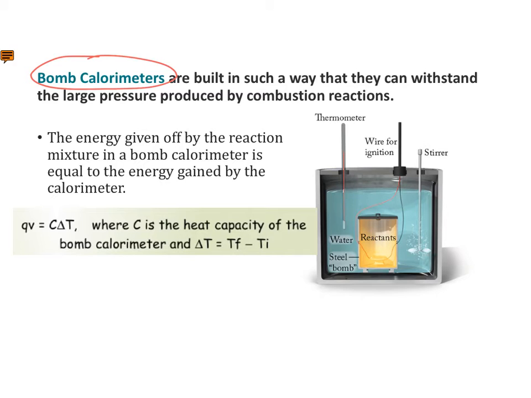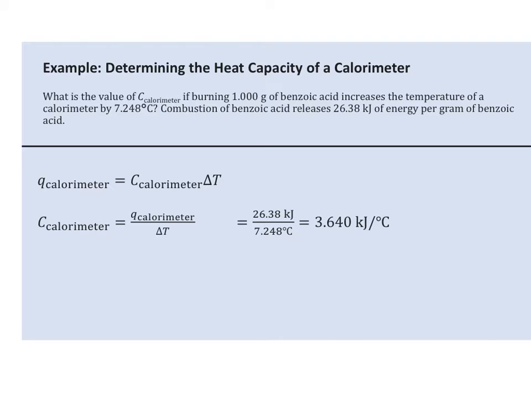So bomb calorimeters, the bottom line is they're designed specifically for combustion reactions. And so the calculations done with them are just a pinch different. So let's look at a sample problem using a bomb calorimeter. You can pretty much assume that any calorimetry problem involving combustion is going to be a bomb calorimeter.